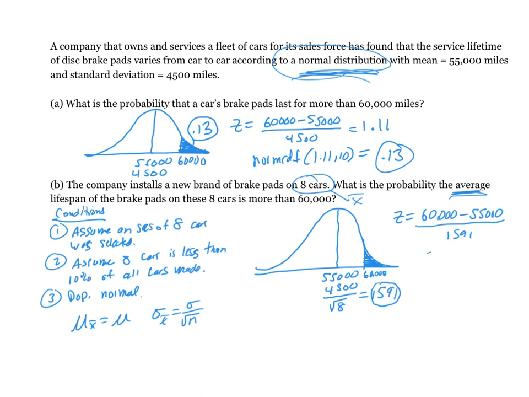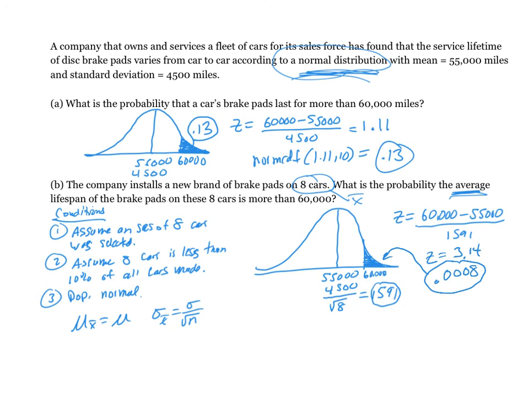So my z-score ends up to be 3.14. And then when I look this up using normal CDF, I end up getting 0.0008. Okay, so that is extremely small.